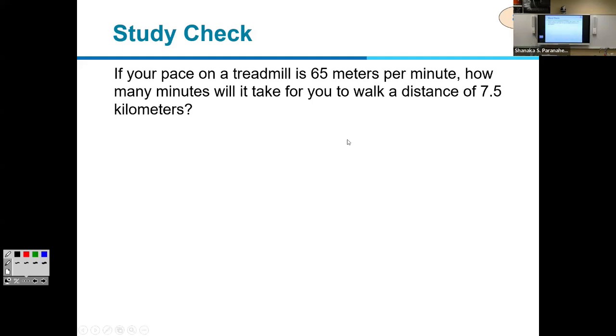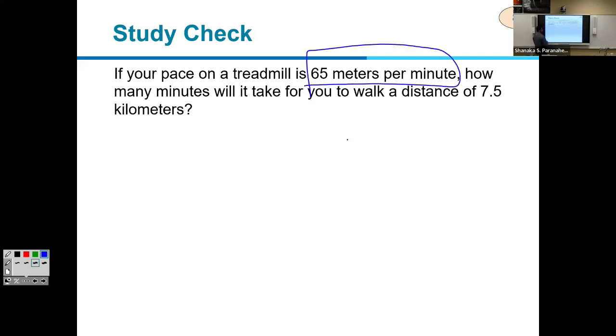There's a statement in this question and it's going to be an equation. So what is that statement? What is the equation? It says 65 meters per minute.